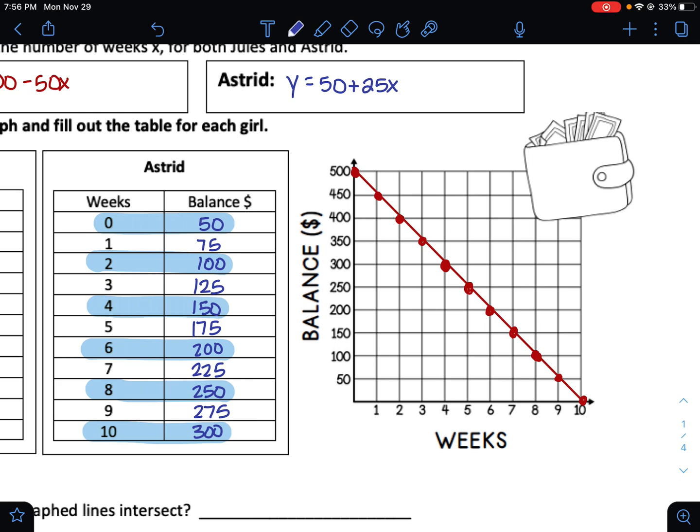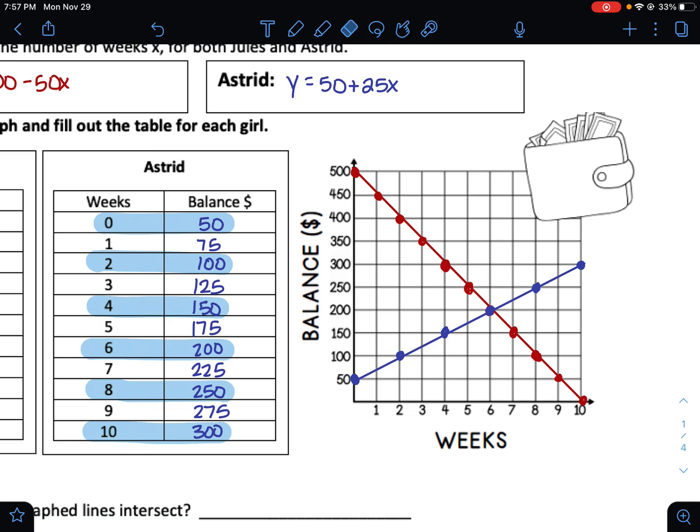Okay, so I have 0, 50. Then 2, 100. Then 4, 150. Then 6, 200. 8, 250. And 10, 300. And I'm going to graph them.